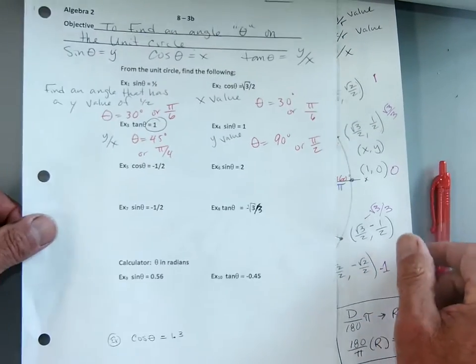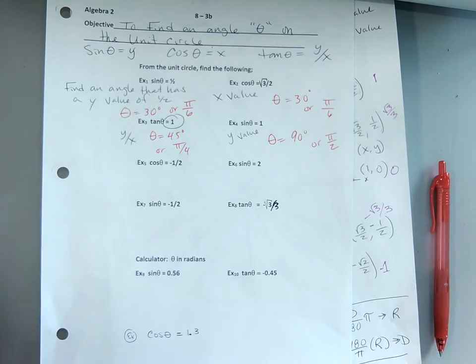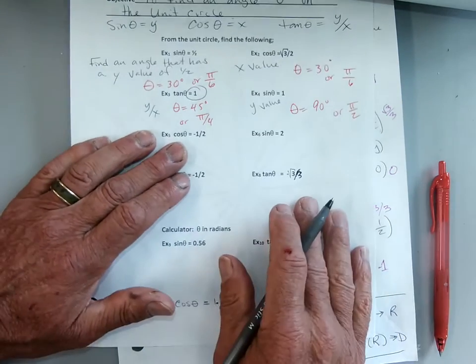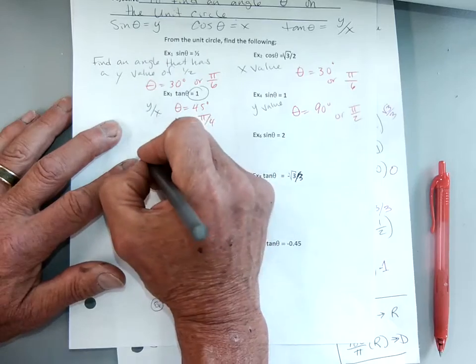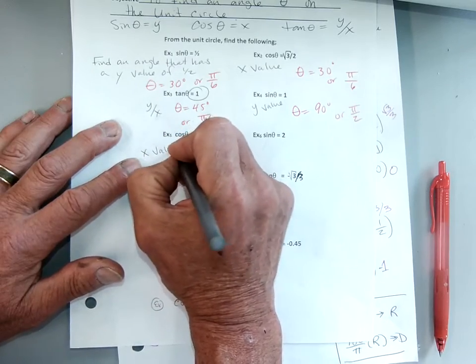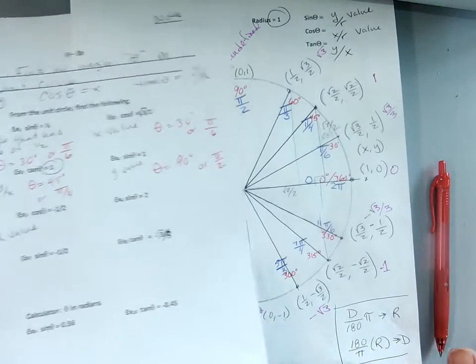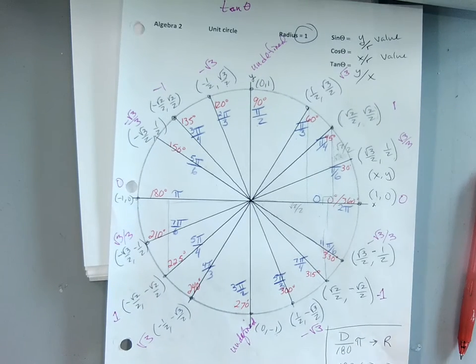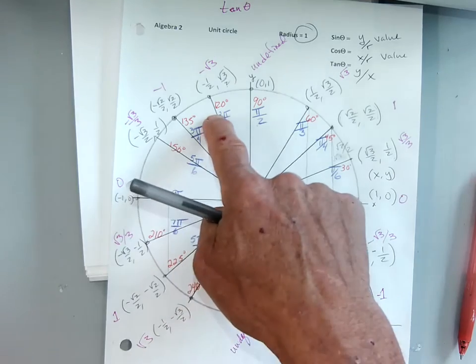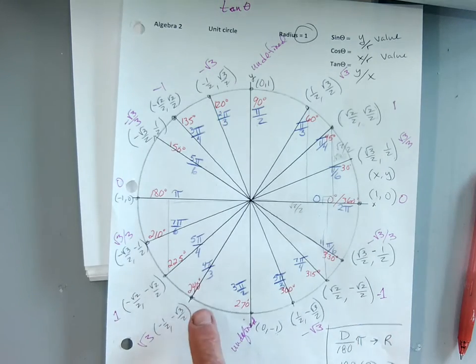How am I doing? You guys getting it? Yeah. Okay. Cosine is the x value. So let's find an x value of negative 1/2. X value of negative 1/2. 120 and 240, I believe, right?